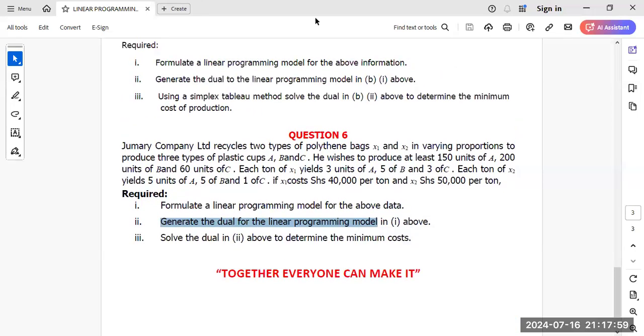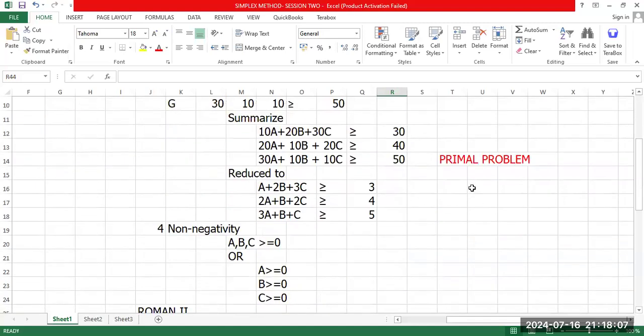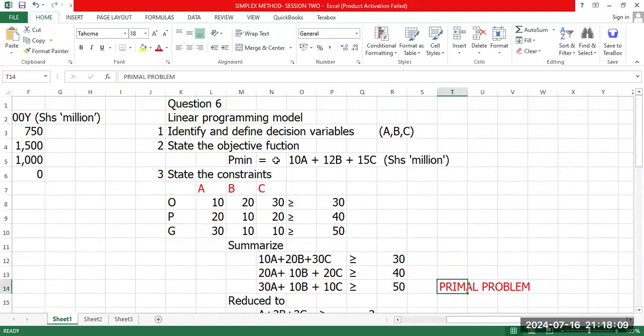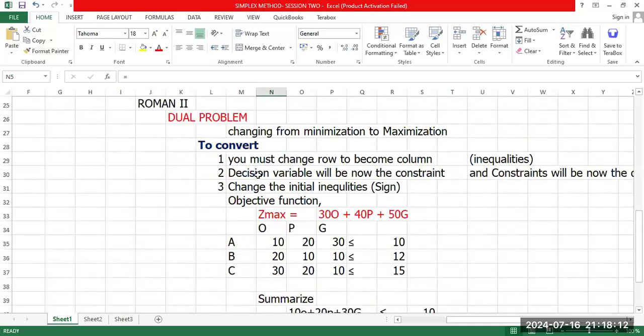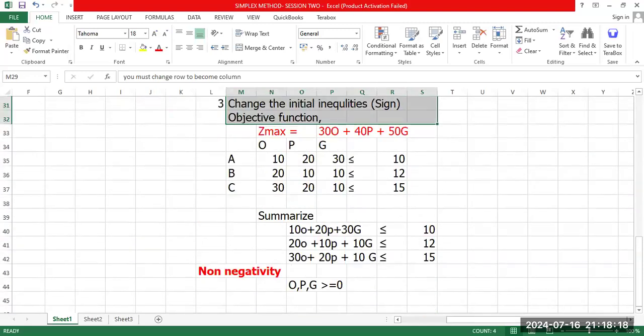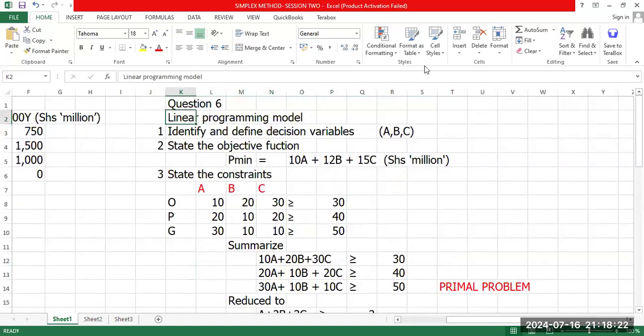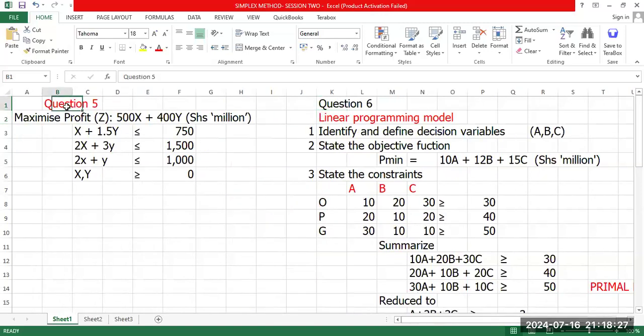Now, concepts do not change. Concepts do not change. If your initial problem was to minimize, your dual problem should be to maximize. All of these ones, concepts do not change. Now, colleagues, I have inequalities for question 6. I have also inequalities for question 5.